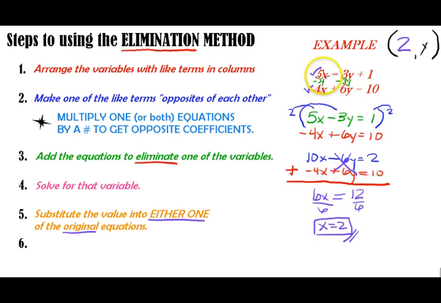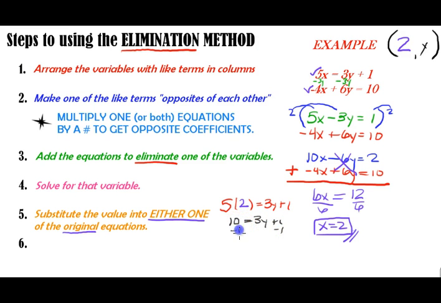I'm going to plug it back into the first one, so I'll do it right over here. So I'm going to put 5 times, and then in parentheses, equals 3y plus 1. And I'm actually taking this particular 2 and putting it in there for x, so I put a 2 right there. So now I'm going to solve this. That gives me 10 when I multiply, equals 3y plus 1.